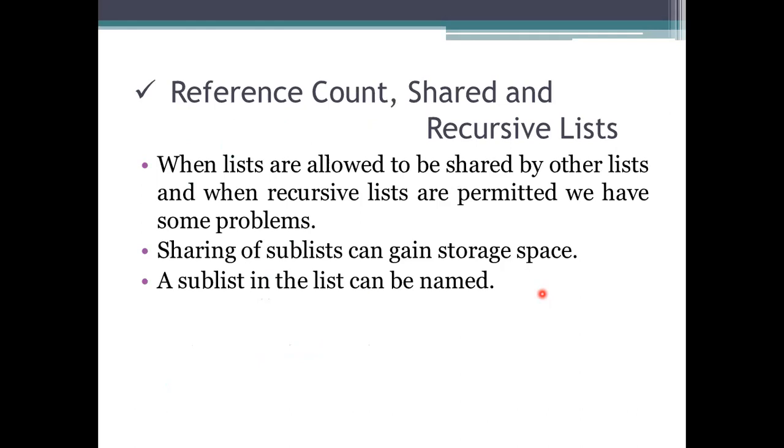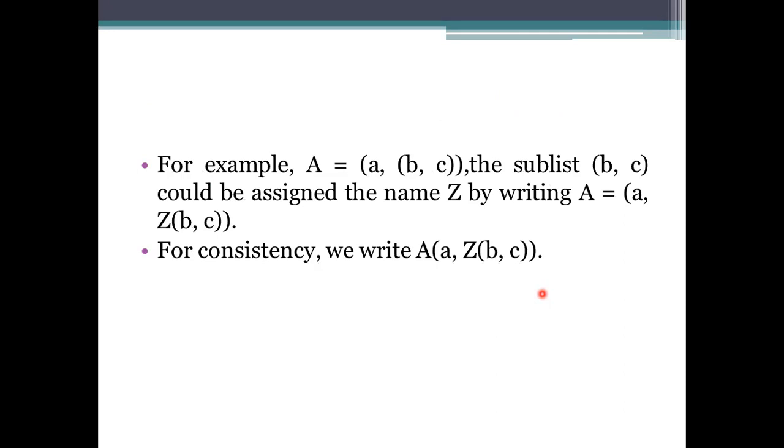And coming to the next one, there is a reference count and then shared or recursive lists. Here, first we have seen that the B list has been sharing the A list. So we have been sharing the same sublist. We need to make a count of that, whether it is being shared or not. So for that, we use the reference count in the representation.